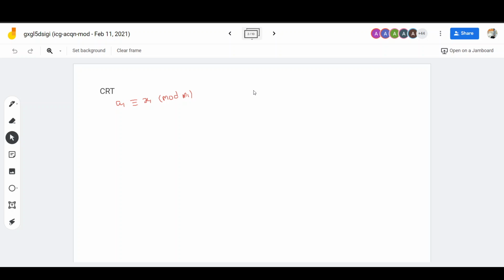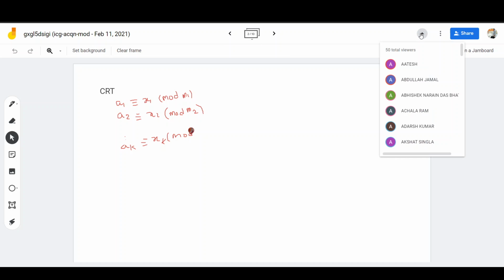The same way a2, which is congruent to x2 of mod m2, and so on, ak, which is congruent to some xk of mod mk.